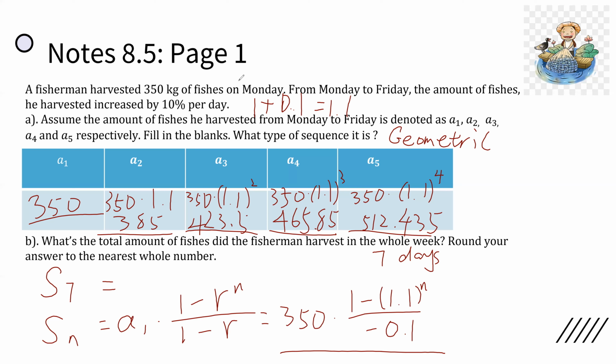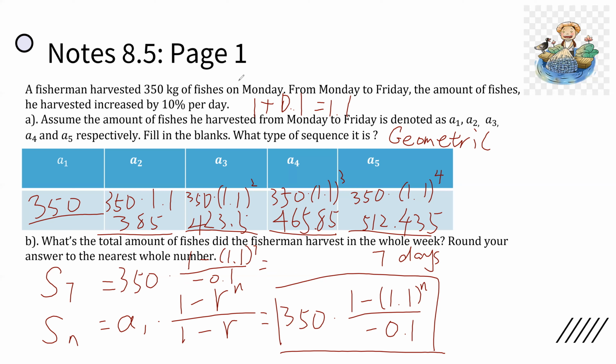We need to find sum sub 7, so that means we need to plug in n with 7 in this expression. If you do that, you will get 350 times 1 minus 1.1 to the power of 7 over negative 0.1.